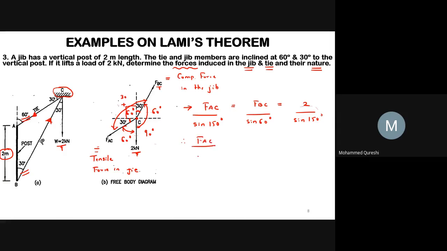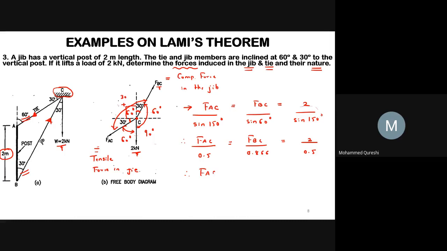Now FAC upon sine 150 is 0.5, FBC upon sine 60 is 0.866 equals to 2 upon sine 150 is 0.5.